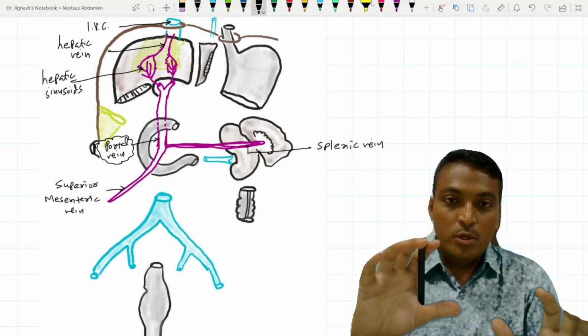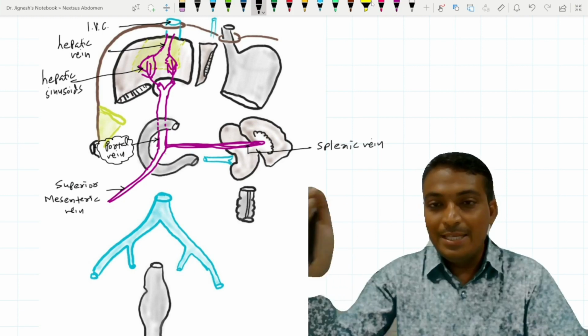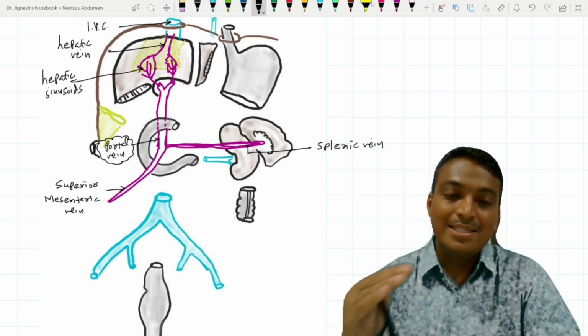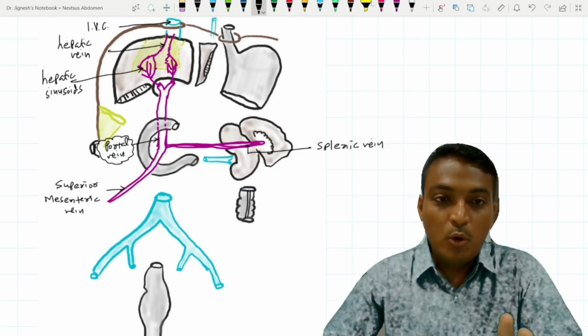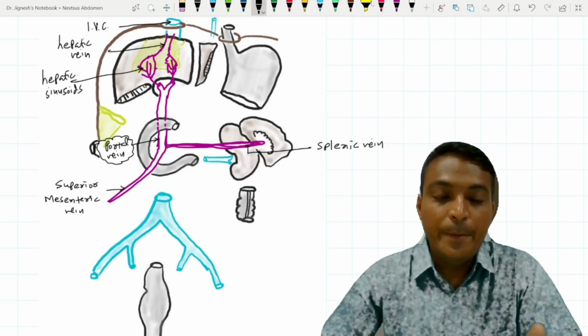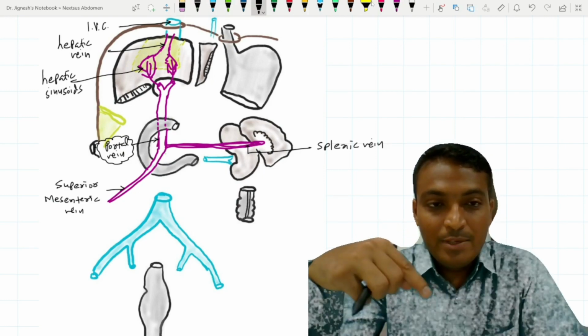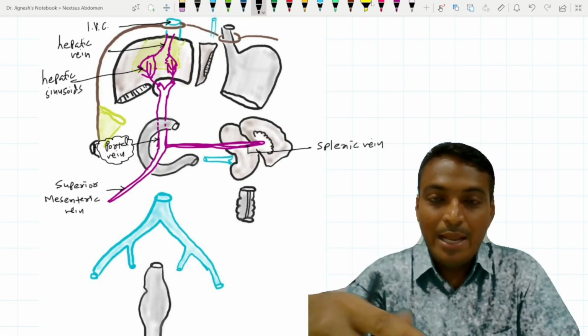So the portal vein forms from the tributaries from the intestine as well as the spleen, pancreas and gallbladder. They form a single trunk of the portal vein by the fusion of the splenic vein and the superior mesenteric vein, just behind the neck of the pancreas.